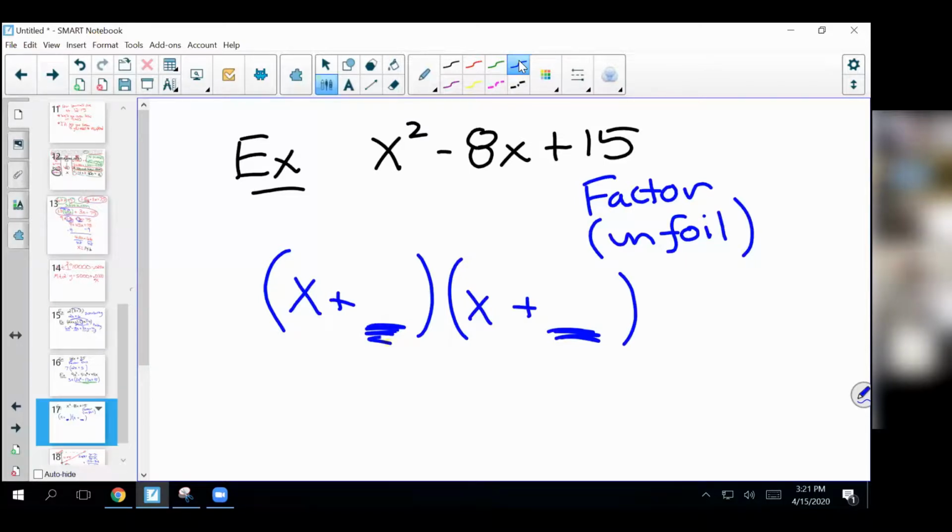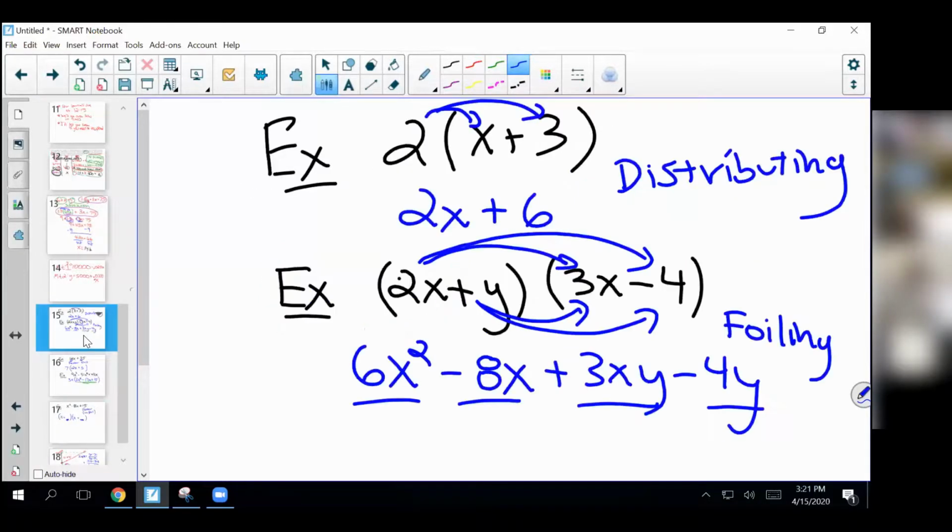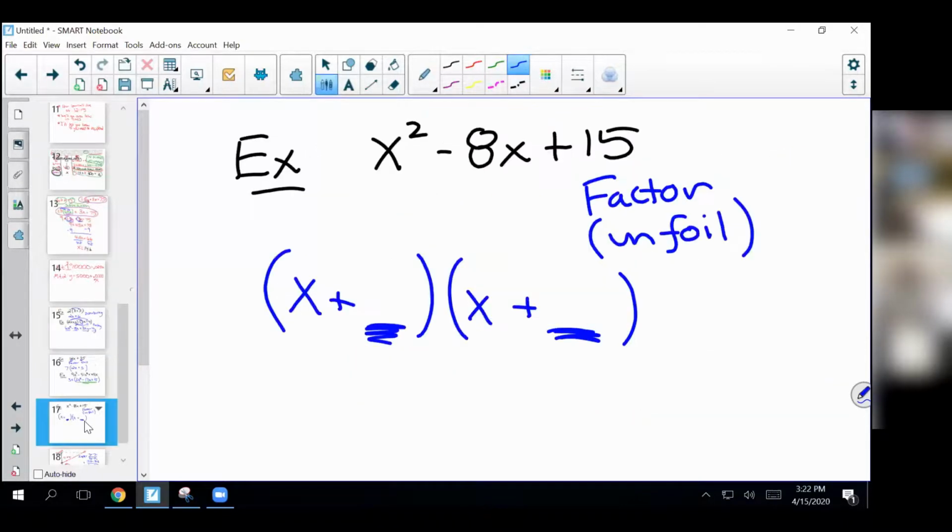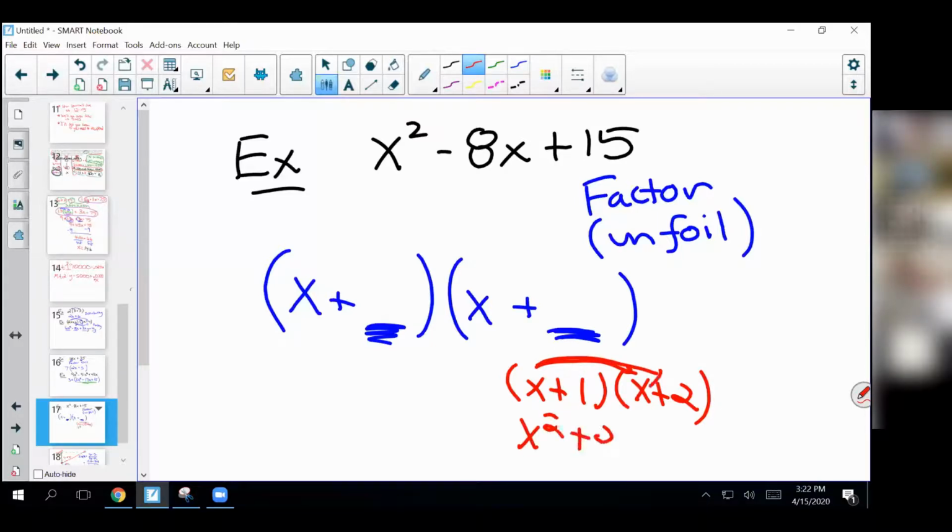Well, let's go back to this example. Actually, let me just do a new example of foiling. So let's just do x plus 1, x plus 2 real fast. When you foil these, you're going to get x squared plus 2x plus x, and 1 times 2 is 2.